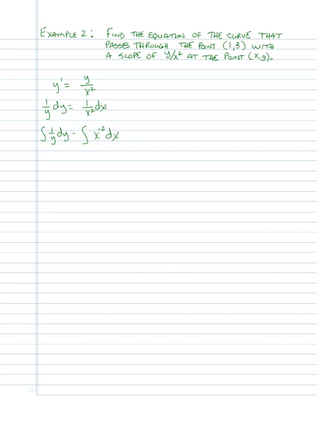The integral of 1 over y dy is the absolute value of y plus some constant of integration. Now, the integral of x to the negative 2 power, of course, when we increase the power by 1, we get negative 1. And the reciprocal of negative 1 is negative 1.